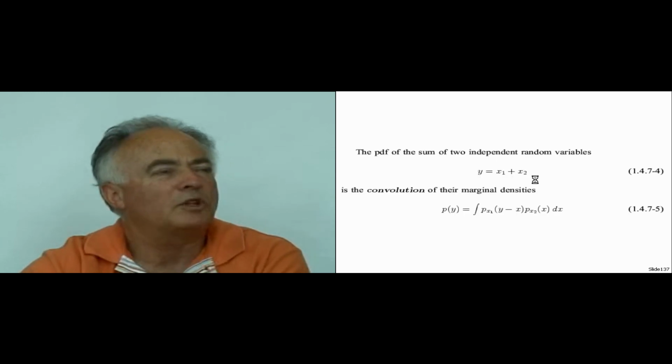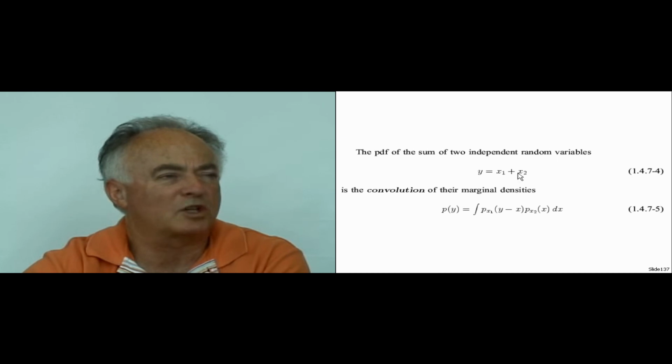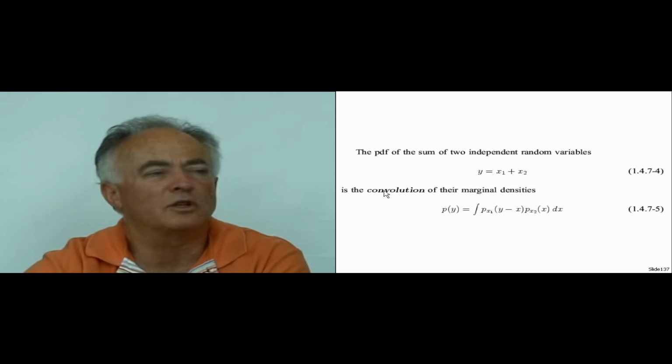Now, if we take the sum of two independent random variables, x1 and x2, and define this sum as y, it turns out that the PDF of such a sum is the convolution of their marginal densities.